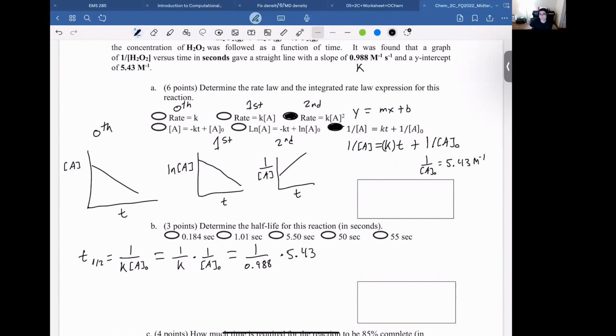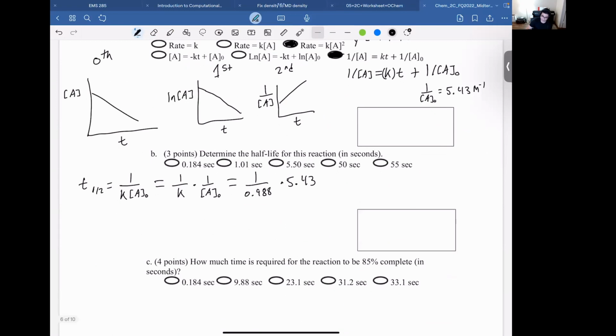Like that. And then you plug this into your calculator and you get the answer, which is 5.5 seconds.